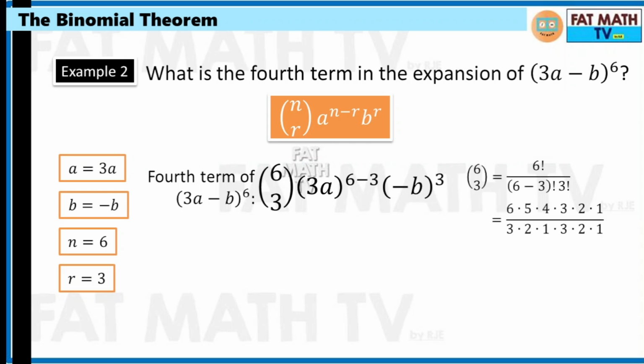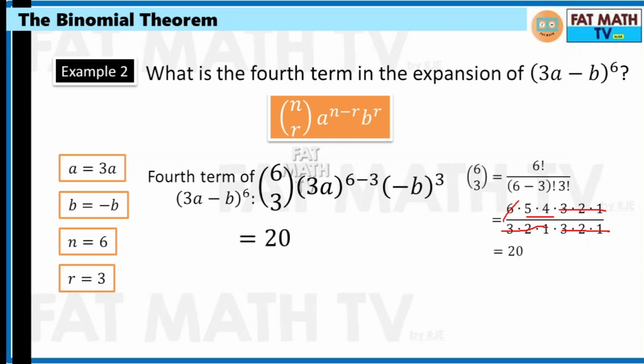So 6 factorial is 6 times 5 times 4 times 3 times 2 times 1, and 6 minus 3 is 3. 3 factorial is 3 times 2 times 1, times another 3 factorial, 3 times 2 times 1. And we can cancel. 3 times 2 times 1 is 6. You can cancel it with the 6, so you will be left with 5 times 4, which is 20. So 6 choose 3 is 20.